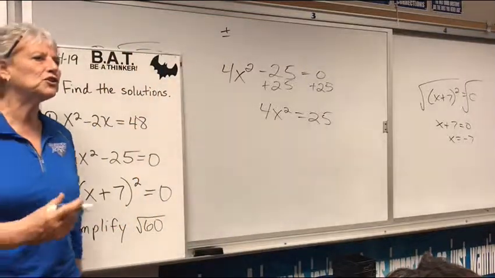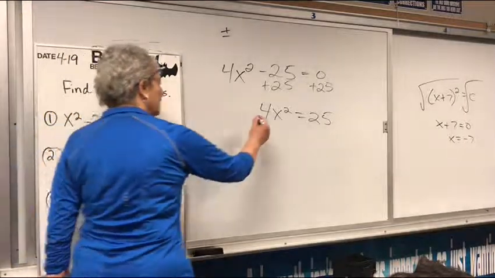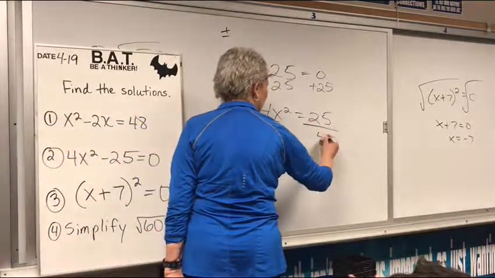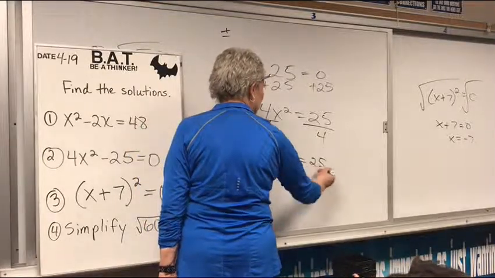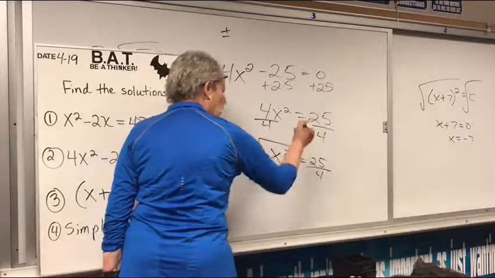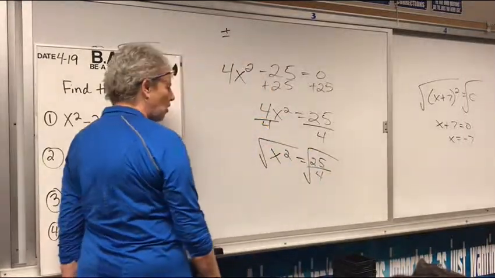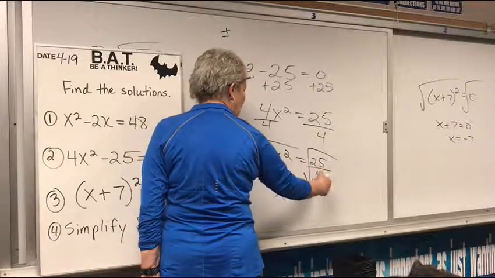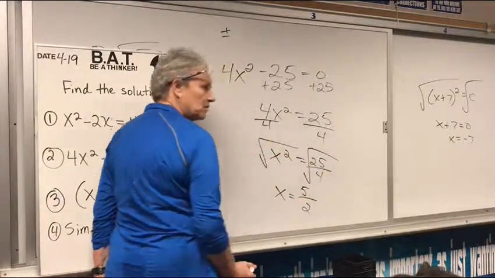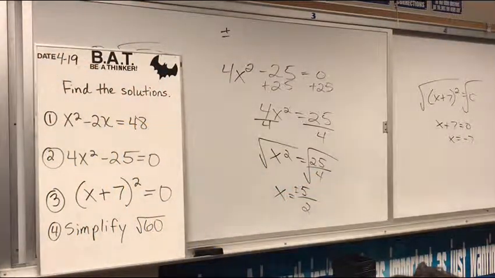Now what would you do if you're solving for x squared? Divide by 4. X squared equals 25 fourths. Take the square root of x squared. Take the square root of 25 over 4. X equals plus or minus the square root of 25 over the square root of 4. It's called solving by square root.